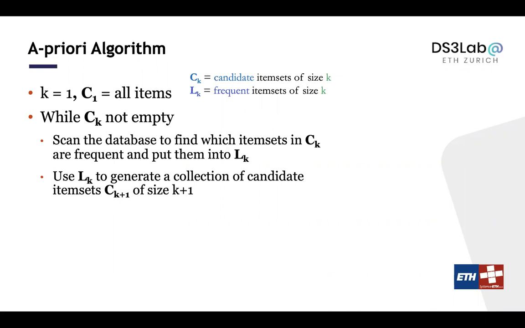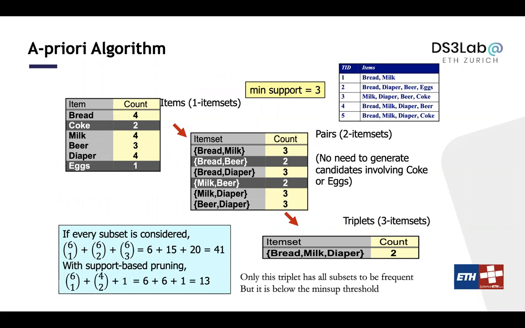Then you use LK, the frequent item sets of size K, to generate a collection of candidates of size K plus 1 and put them into CK plus 1. So this is a very simple structure of this algorithm.